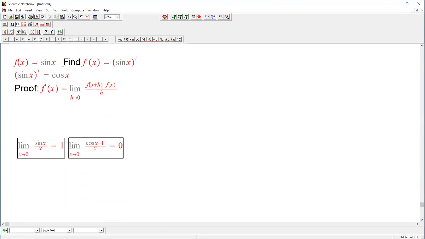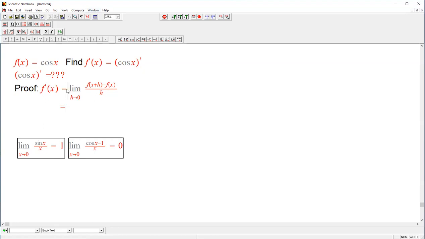Derivative of a cosine. So now instead of sine, we're finding the derivative of cosine. Applying the same definition. Very similar.